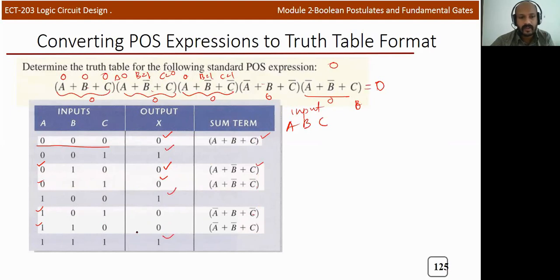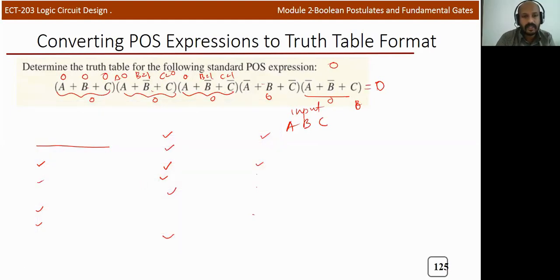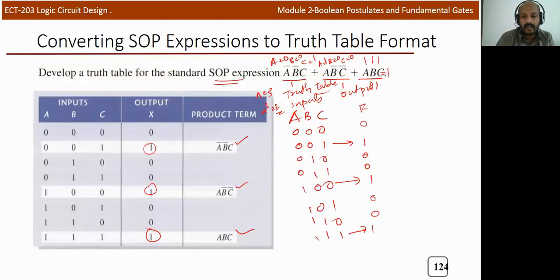And if you observe the truth table of this question and the previous question, you can see the same truth table. It means the same function I can express in SOP form or POS form.